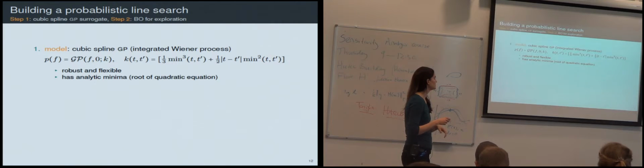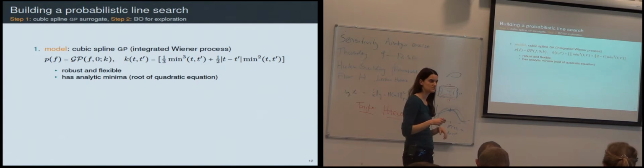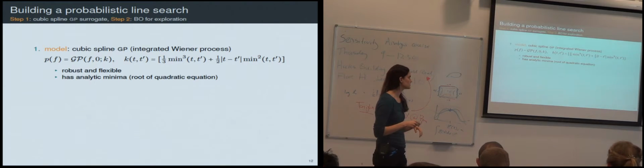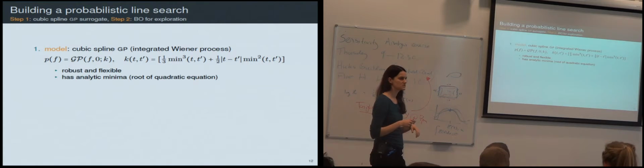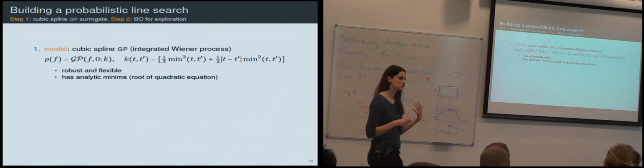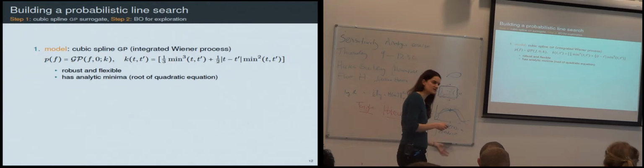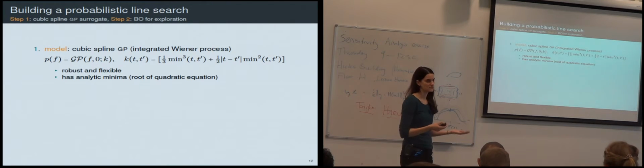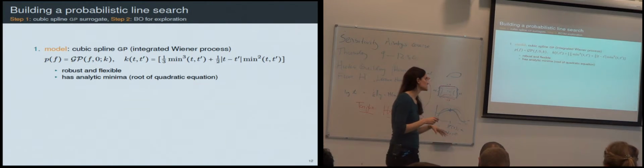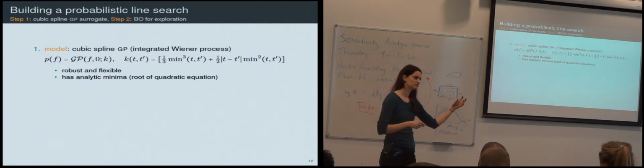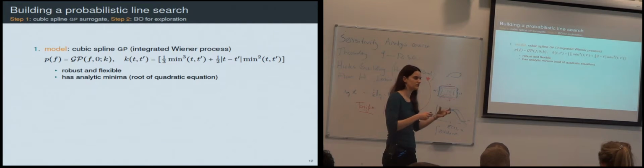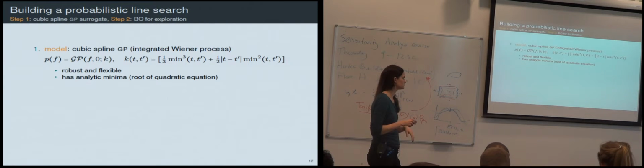Okay, so the GP we're going to use is an integrated Wiener process. The kernel looks a little bit cryptic, but basically it's the process that just assumes one derivative. And the means are cubic splines, and therefore it's very robust, but also still very flexible. So you can think of it as the straightforward extension of a third-order polynomial to the probabilistic setting.